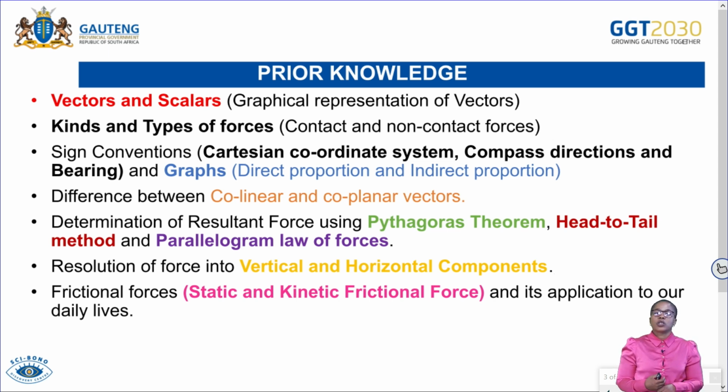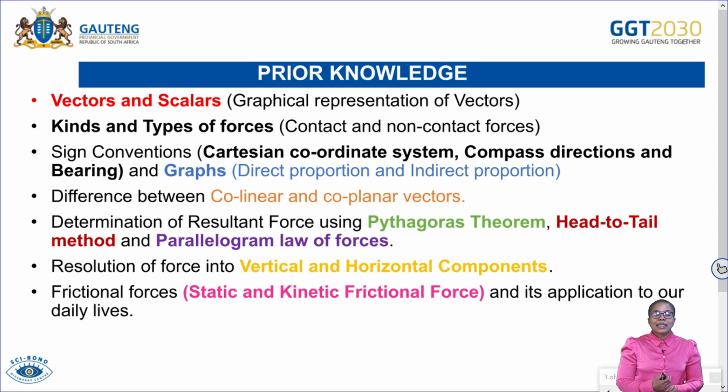Okay, resolution of force into vertical and horizontal component. Okay, so whether the force is horizontally, meaning there's no angle in between the force and the surface, or whether there is an angle between the force that is being pushed or pulled, remembering that the force is a push or a pull.